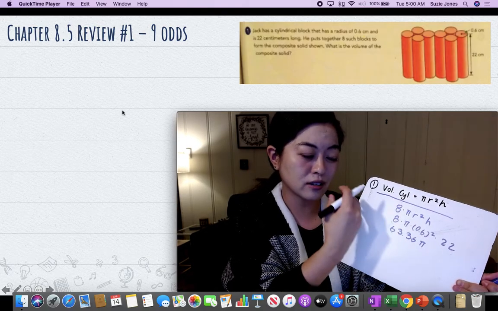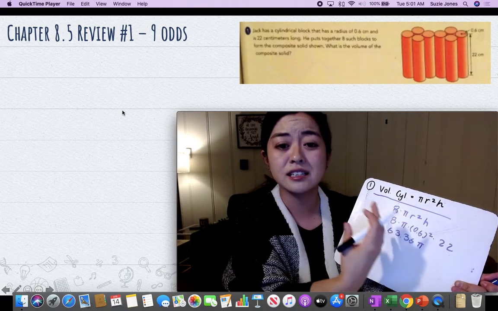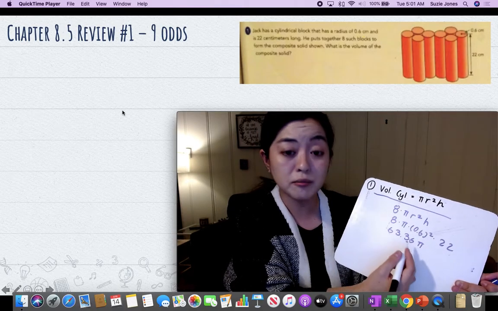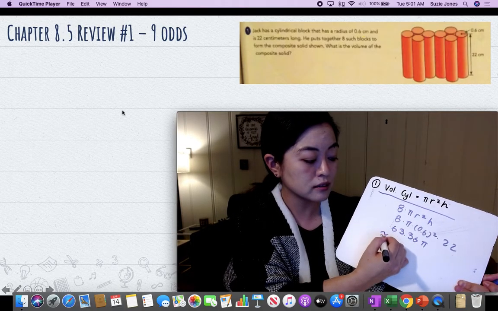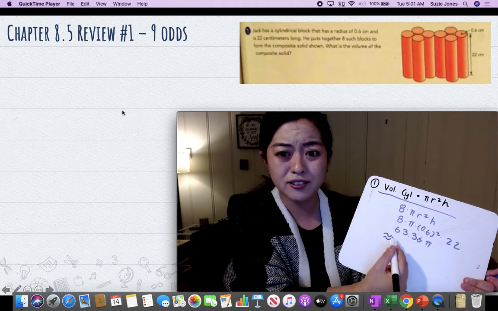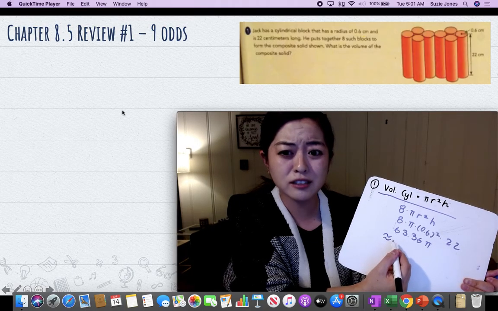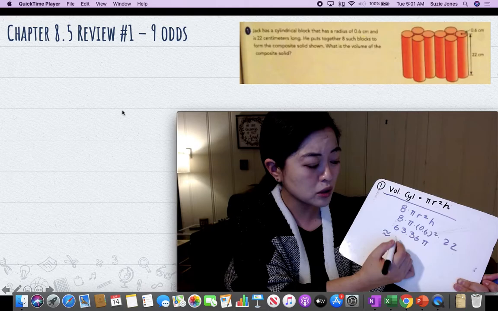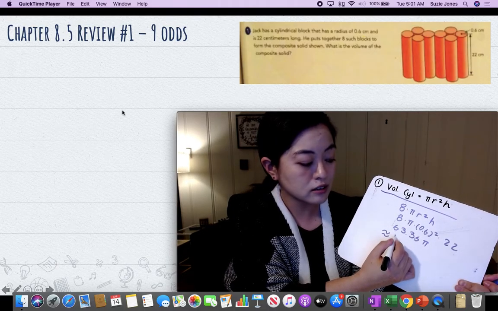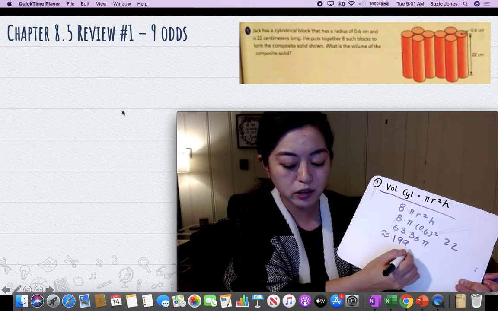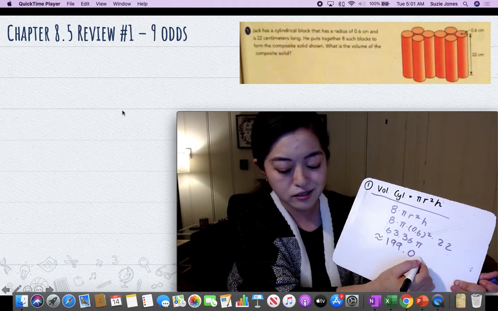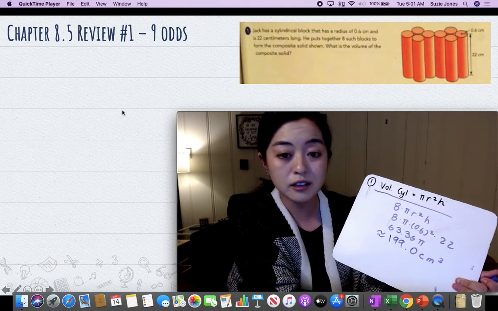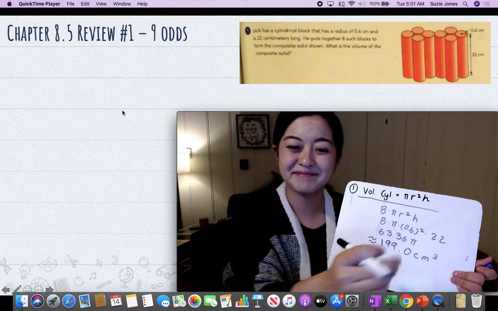It's not the actual exact value of pi here. So we're going to put this squiggly equal sign, which means approximately equal to, and we're going to round it to the nearest tenth, which should be 199.0 cubic centimeters. Okay.